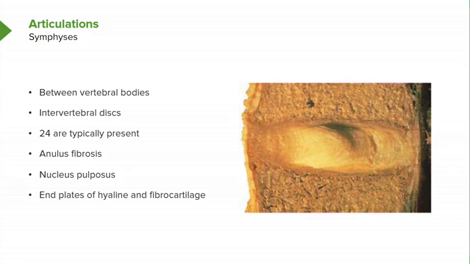The more central gelatinous component of an intervertebral disc would represent the nucleus pulposus, which is a remnant of the notochord. There are also end plates here on the inferior aspect of the superior vertebral body and on the superior aspect of the inferior vertebral body, and these end plates are composed of hyaline as well as fibrocartilage.